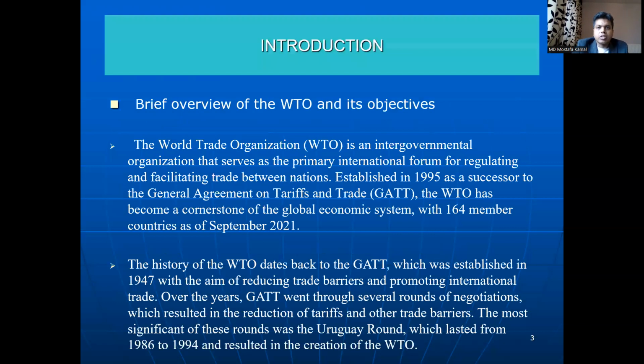So let's start with the introduction. The brief overview of the WTO and its objectives is the following. In the first place, I would like to say the World Trade Organization is an intergovernmental organization that serves as the primary international forum for regulating and facilitating trade between nations, established in 1995 as a successor to the General Agreement on Tariffs and Trade, GATT.